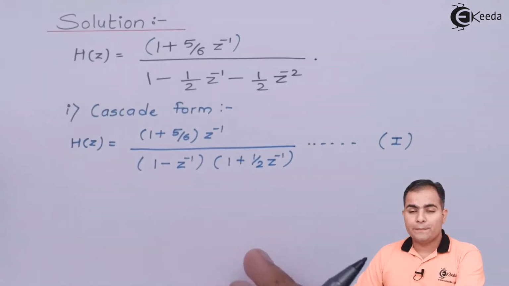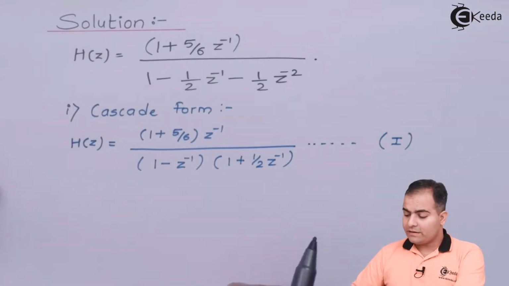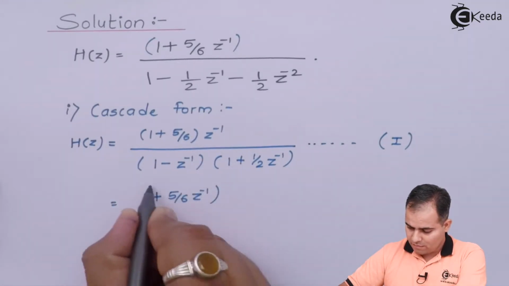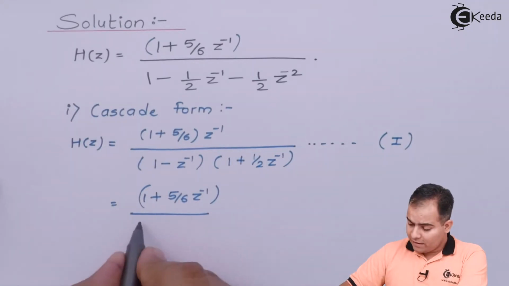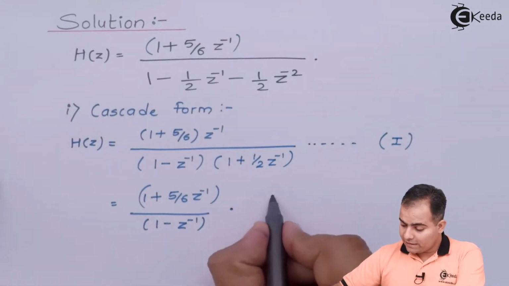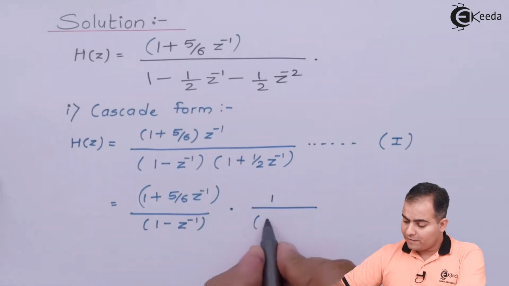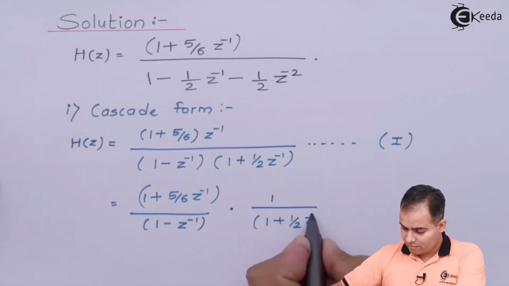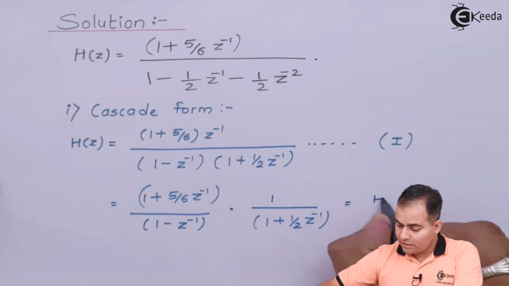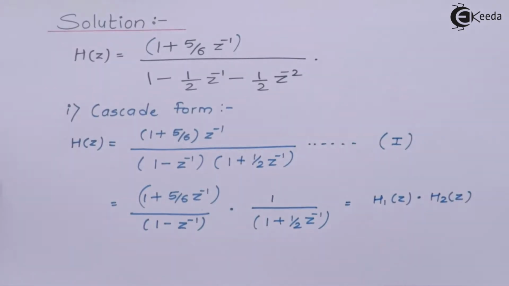Now we will proceed. In cascade form, we want a product of two transfer functions. So my first transfer function is (1 + 5/6 z^-1) upon (1 - z^-1), and for the second one, in the numerator we don't have anything, so we'll replace it by 1, and in the denominator we have 1 + 1/2 z^-1. This is nothing but the product of two transfer functions.